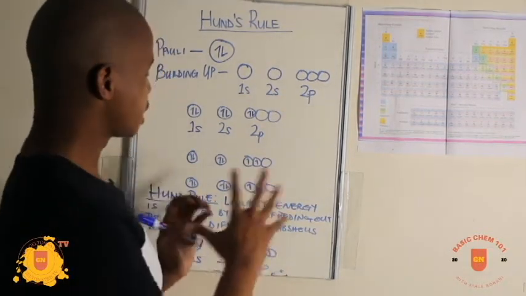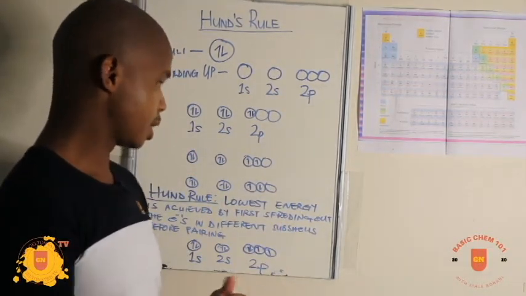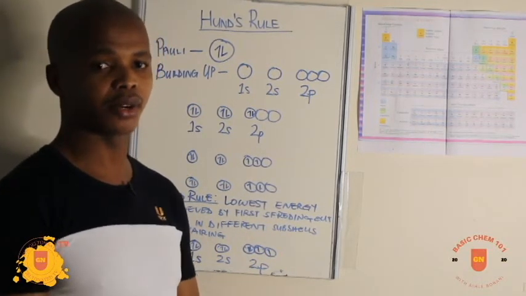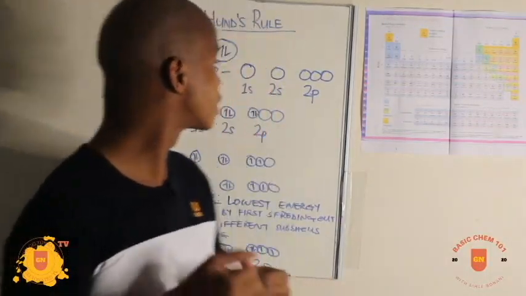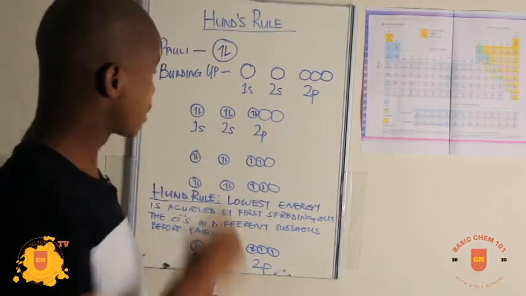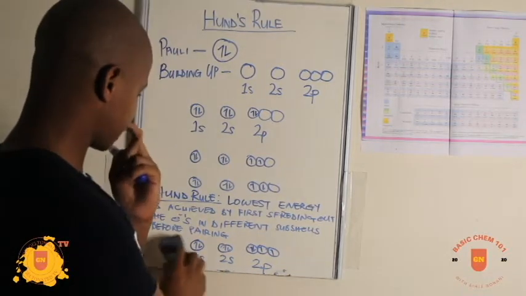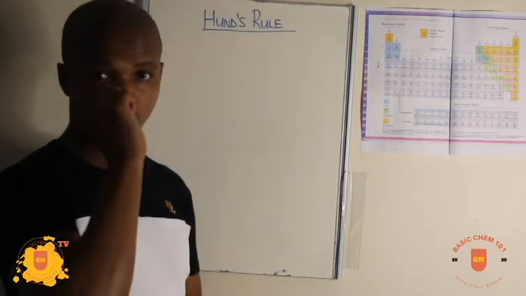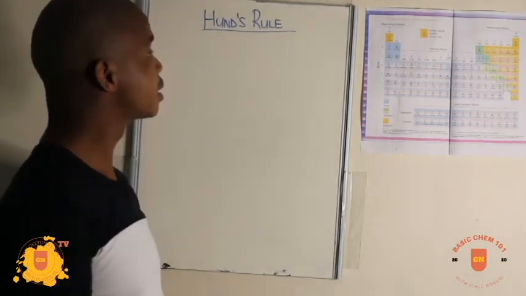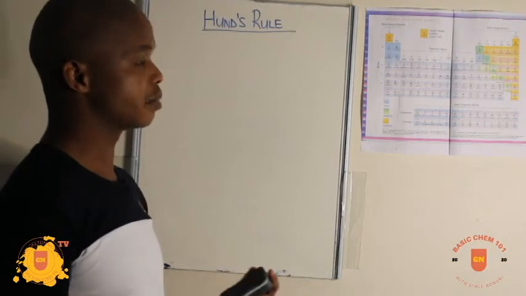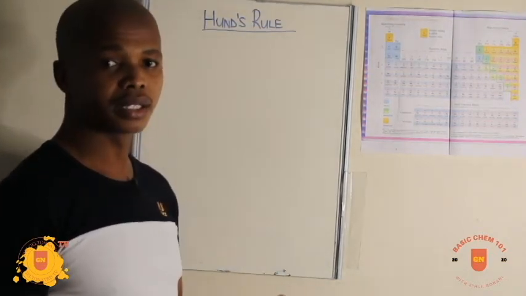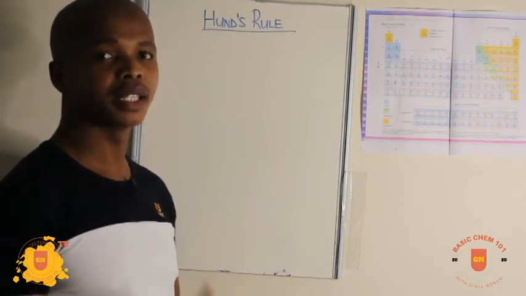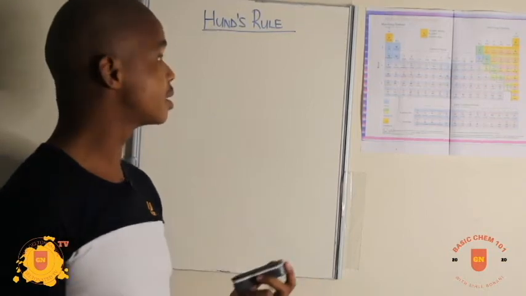Now, if you understand your Hund's rule, this will help you understand also the magnetism of certain atoms. So let's look at magnetism. What we're saying is, when electrons are paired, the net magnetism of those electrons is zero because they cancel each other out. But when they are unpaired, there is a magnetism that is found there.